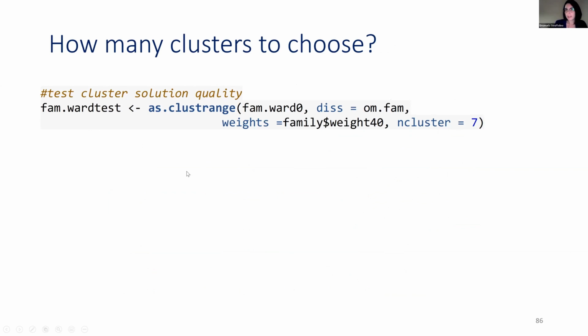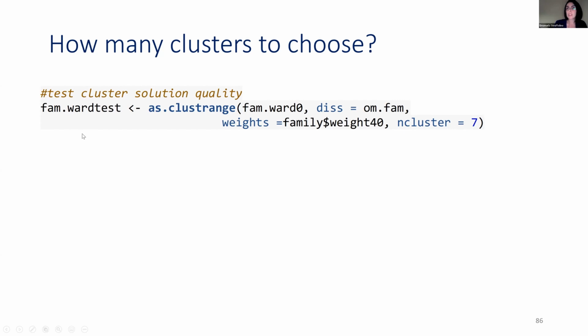How do we calculate that? Well, TraMineR gives you help with that. With the as.clustrange function, when you use hierarchical clustering, you see here the input is the output of the hclust function. We specify the dissimilarity matrix, and again, you can specify weights if you want. And here I want to know for at least 7 clusters how those values look.